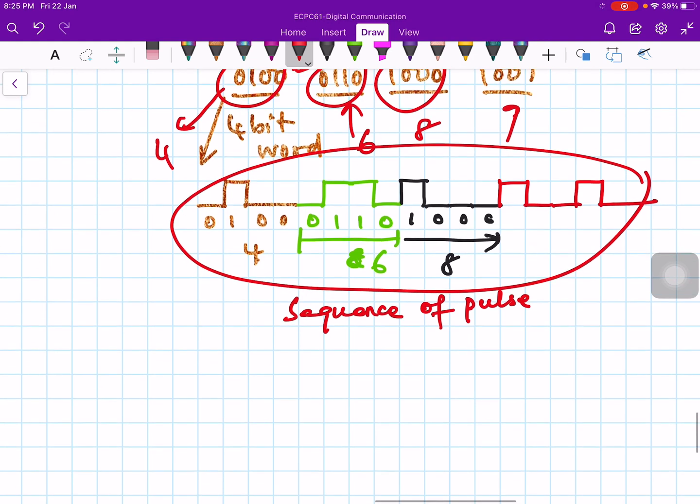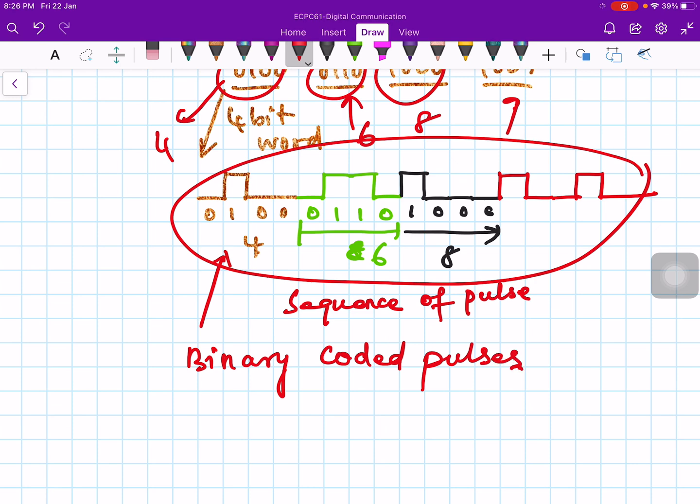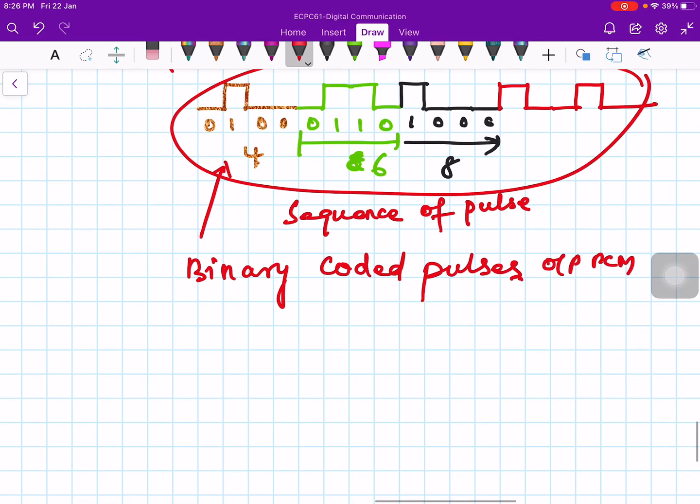So these are the binary coded pulses that form the output of the PCM system, and which are finally transmitted onto the channel.